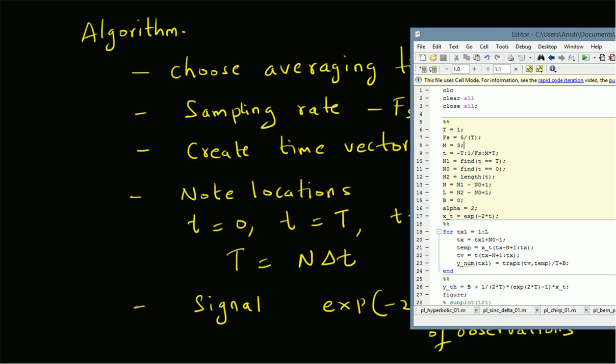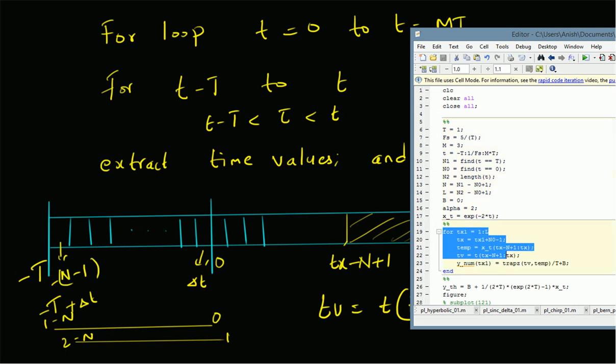Then we note all the important locations of time, so that we can, for example, decide the length of the for loop, that is the number of iterations, and we can also decide the length of the integration time in terms of discrete values, that means the value n. In this algorithm we decide the signal to be exponential of minus 2t, so we generate that signal, and next we design the for loop.